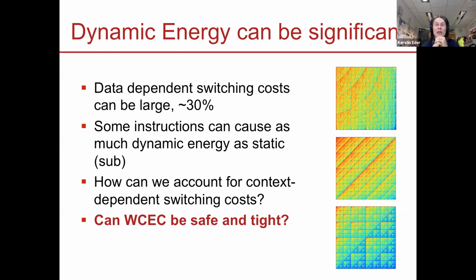Some instructions can cause as much dynamic energy as static energy, such as the subtraction, if you switch regularly from the blue to the red triangle. And so how can we account for context-dependent switching costs? Can worst-case energy consumption be safe as well as tight, is really the question we need to focus on.